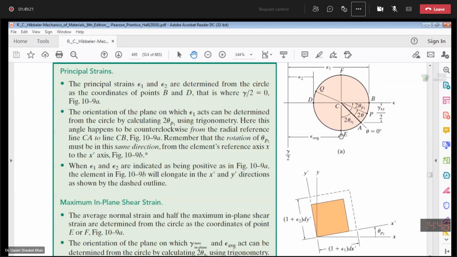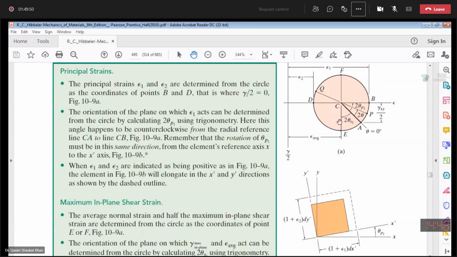And the orientation of the shear planes CE can be determined by moving from the reference line CA towards CE. This will be 2 theta S1, and along with it you need to represent the sign convention, whether it's clockwise or counterclockwise. This is clockwise, okay?